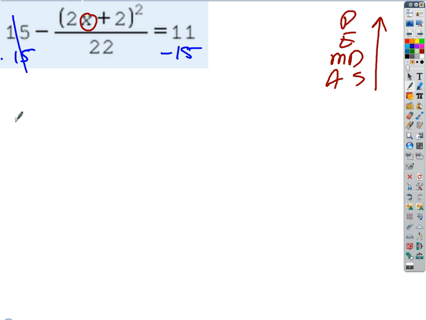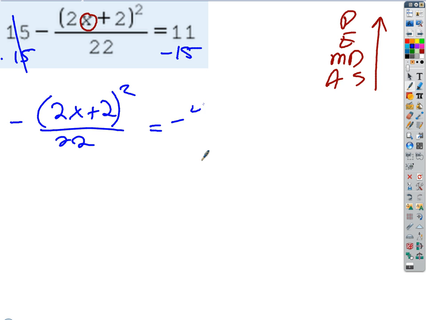I end up with negative the quantity 2x plus 2 squared over 22 equals -4. Okay, now what? Okay, I could multiply by 22 to get rid of that. Then what would I have to follow that up with if I did that?